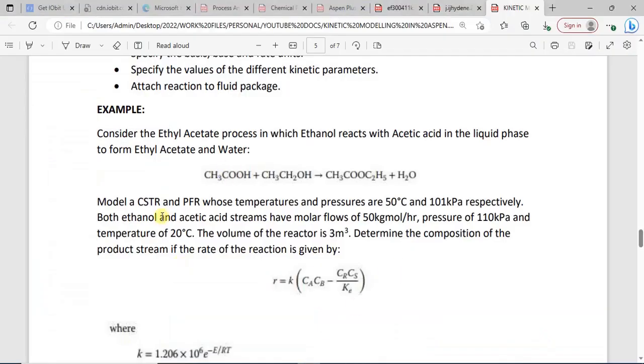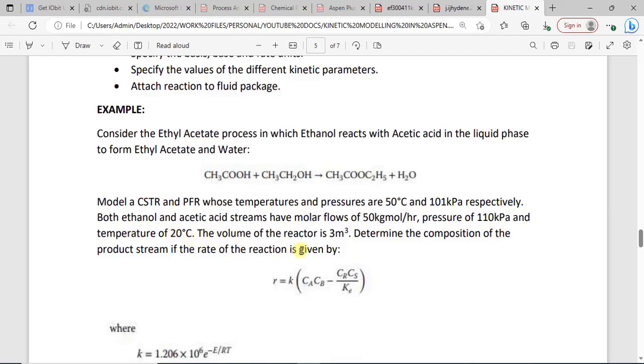Now back to the question. It says model a CSTR and PFR whose temperatures and pressures are 50 degrees Celsius and 101 kilopascal respectively. Both ethanol and acetic acid streams have molar flows of 50 kg mole per hour, pressure of 110 kilopascal and temperature of 20 degrees Celsius.